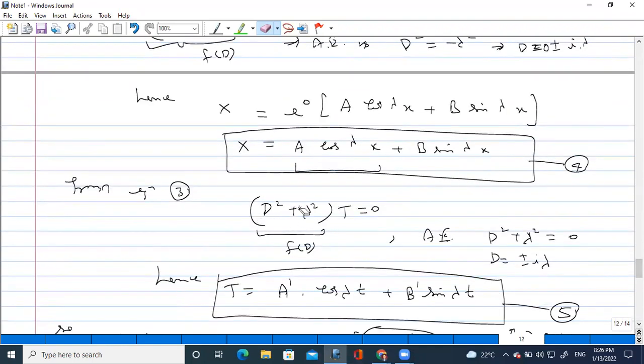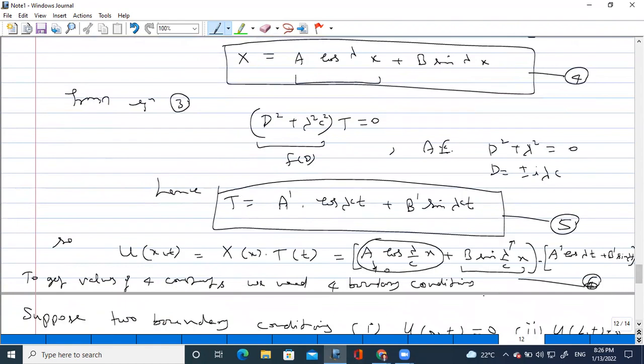Now from equation 3, here with lambda c square is there. So it will be lambda c. So the answer also will be lambda ct. So at the final answer, this will be like this, and C you can write here.